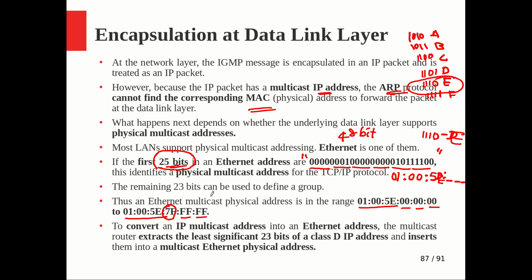The first bit is forced to be 0, and the remaining bits can go from 000 upward. So if you look at the last address of that particular range, it will be 0111, that is 7F only, it is not FF, okay? Hope it is clear. So that is the thing.